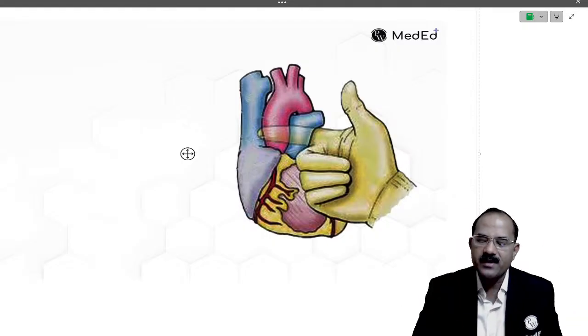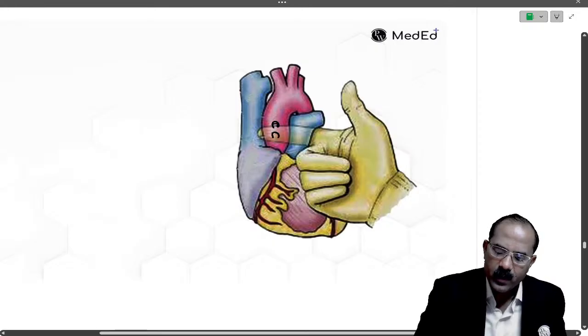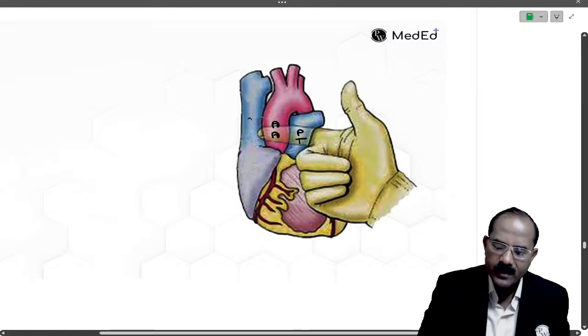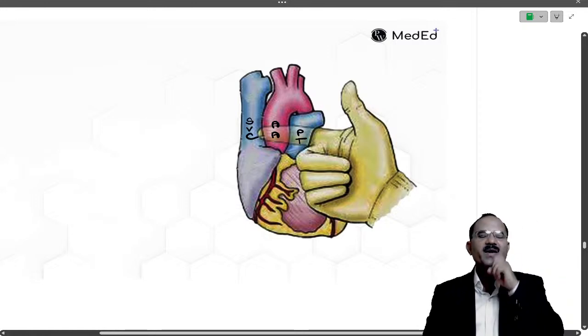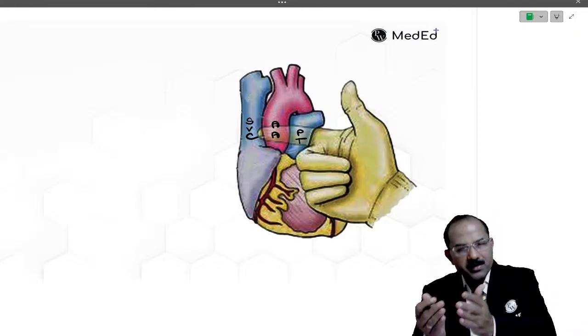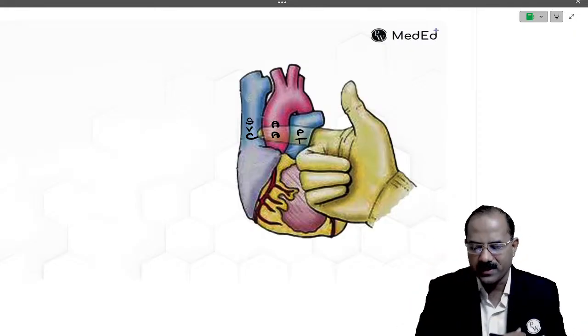This is the ascending aorta, and that's the pulmonary trunk in front, and this is the SVC behind. So the transverse sinus lies between the ascending aorta and the pulmonary trunk in front, and what is behind is the SVC.